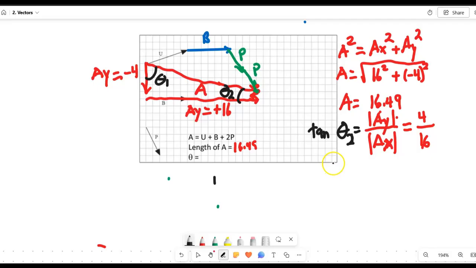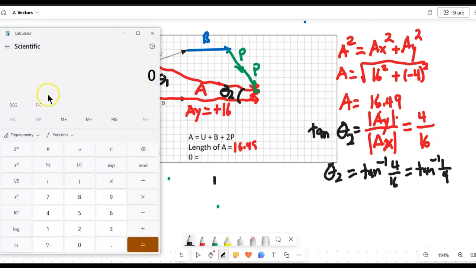So theta 2 is going to be equal to the inverse tangent of 4 over 16, which is going to be 1/4. So we're going to take the inverse tangent of 1 over 4. Okay. Make sure your calculator is set to degrees.